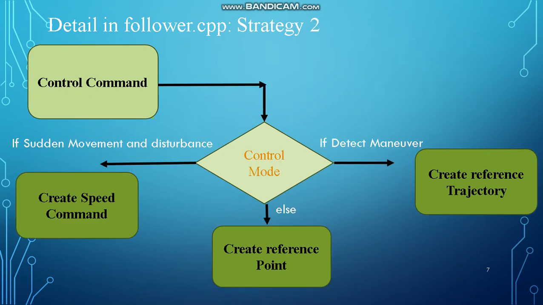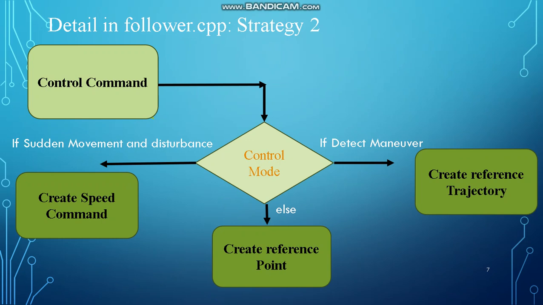In the second strategy, I had a more engineering perspective on the work, and I used conditional points to obtain a control mode. For example, I use a condition to detect a maneuver when the leader is following a curvature and having information of UV-DAR is critical.